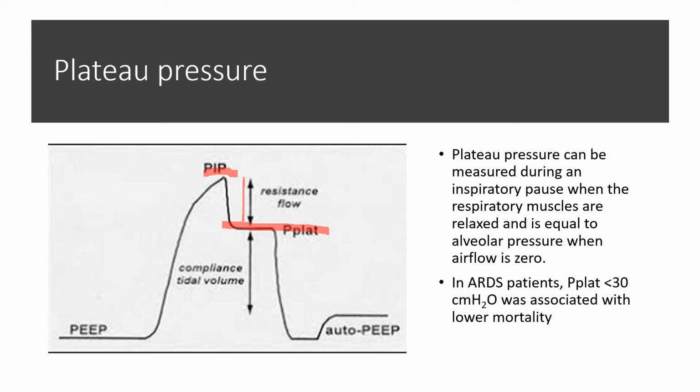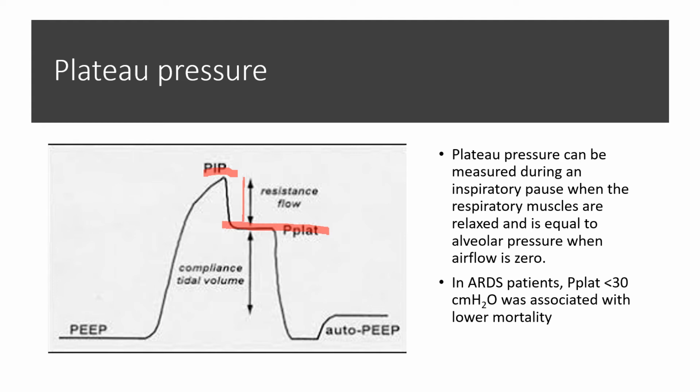Plateau pressures are measured during the inspiratory phase, and it's equal to alveolar pressure when airflow is 0. In ARDS patients, you really want to keep the ventilator's plateau pressures less than 30. Studies have shown that if you keep the plateau pressure less than 30, the survivability and mortality of those patients is very good.